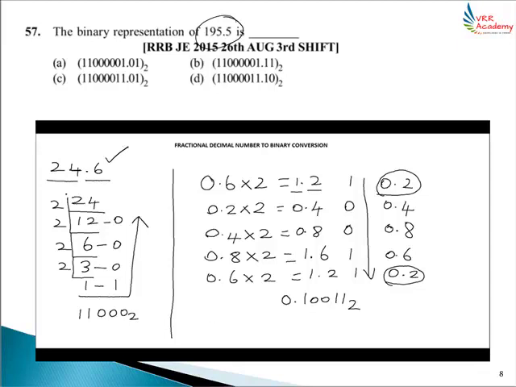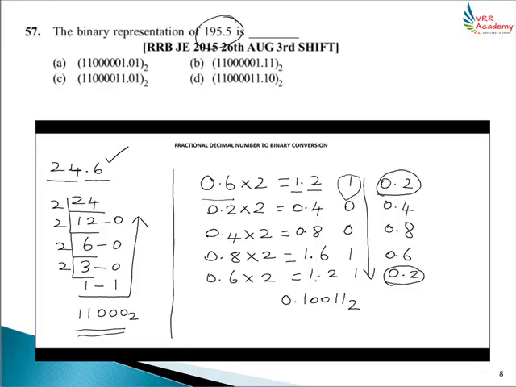For 24, I'm going to convert into binary. So this is the step: 11000. That is the binary value for 24. Now 0.6 we are taking separately, and we have to multiply it by 2. I'm getting 1.2. So 1, it's a carry, I'm taking that. Then 0.2 into 2.